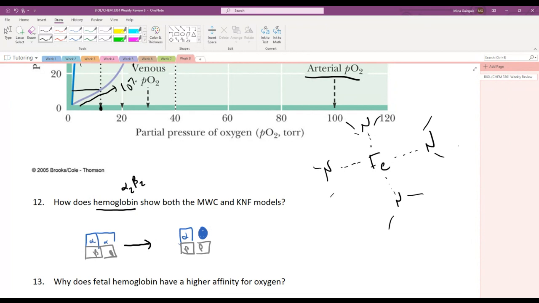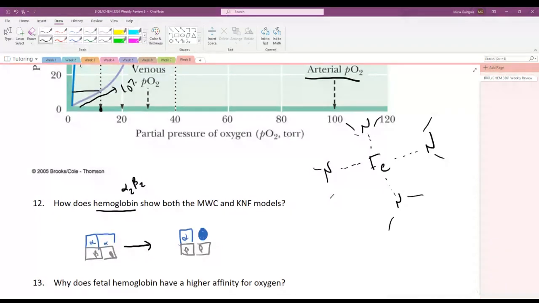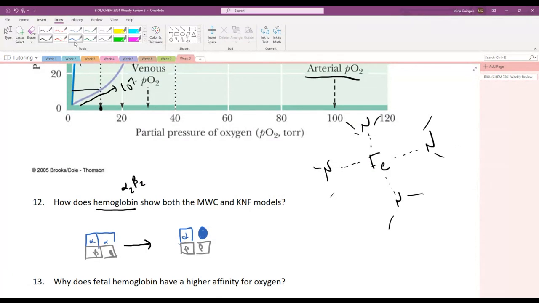The binding of the first subunit to oxygen allows that iron to flatten out and move back into the plane of the porphyrin ring. Okay? That causes a transformation in the next alpha subunit.